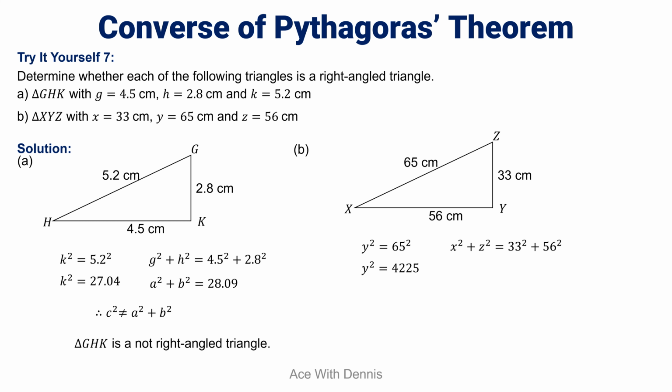So in this case it is x square plus z square. The value is 33 square plus 56 square, which is 4,225 as well. So from here, we can conclude that y square equals x square plus z square. Hence, the triangle XYZ is a right-angled triangle.